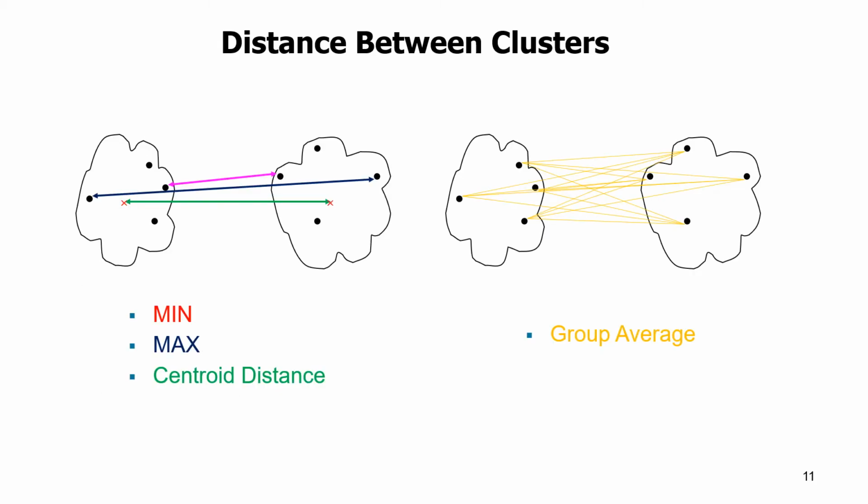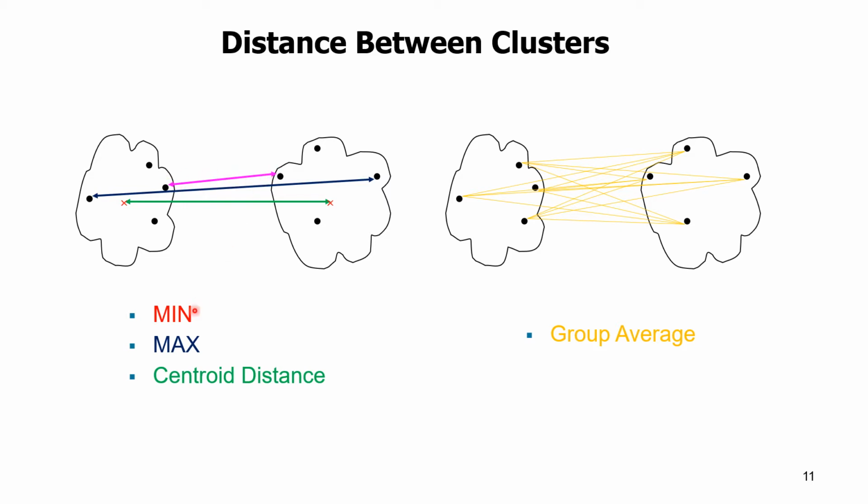This picture explains the difference between different distance measures of clusters. In single linkage, the min, let's say we have two clusters. The distance between these two clusters is this red line, the distance between the closest members.